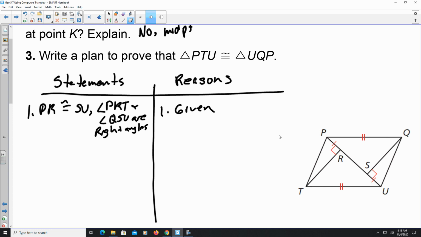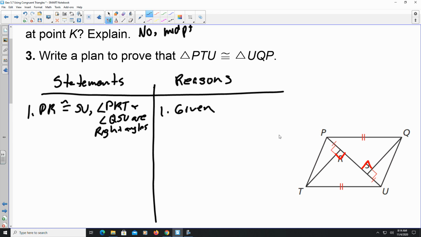So what I'm going to do first is attempt to show that RTU and SQP are congruent. Because TRU and QSP are each a linear pair with a 90-degree angle, I can conclude those are also 90 degrees.